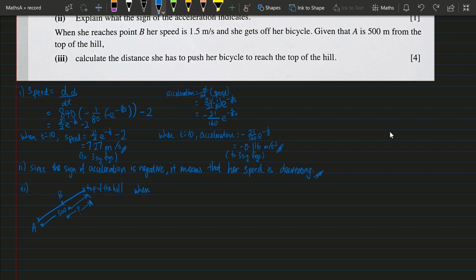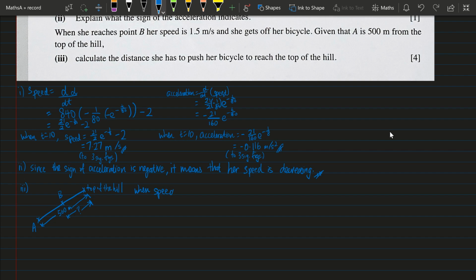Technically speaking, if you didn't define any symbol, you can't use it. If you want to use something that is not defined in the question, you need to define it on your own. So you need to be strict with yourself. Over here, nobody defined V, nobody defined acceleration for us, and I didn't do it. So here I should keep to speed.